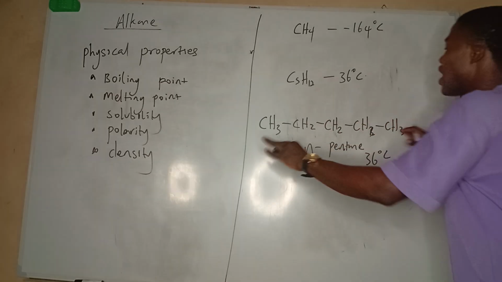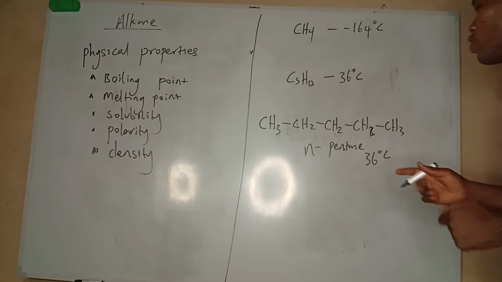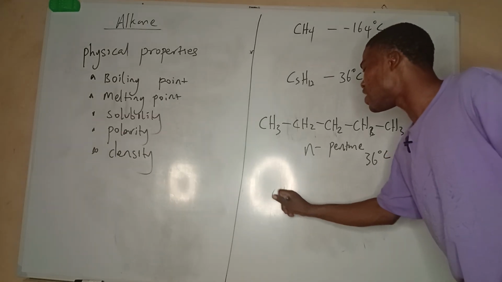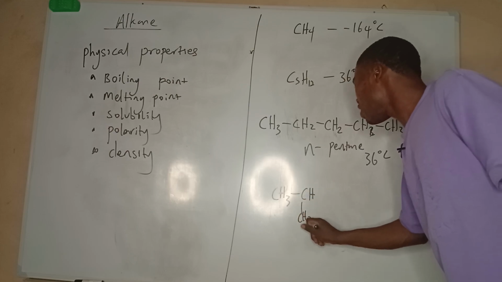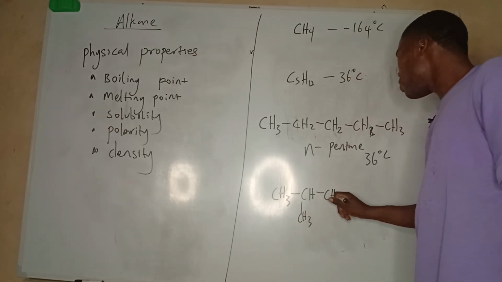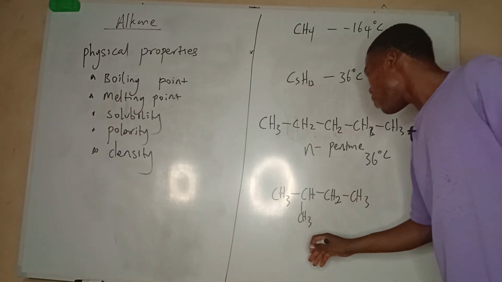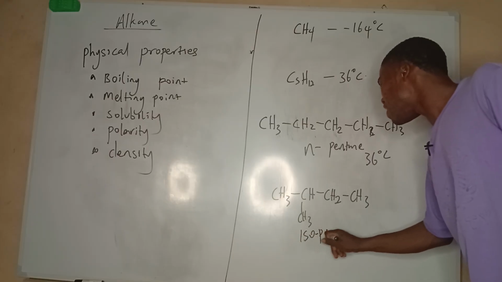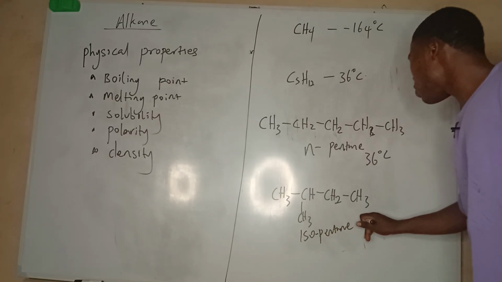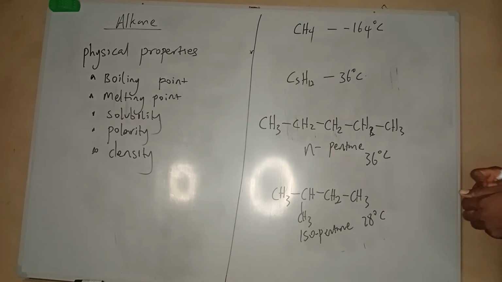This is a straight chain alkane. If it is branched by an isomerization process, I can have an alkane such as this, with a CH3 branch. This is 2-methyl butane, which we popularly call isopentane. Isopentane has a boiling point of 28 degrees Celsius. So branching reduces boiling point.